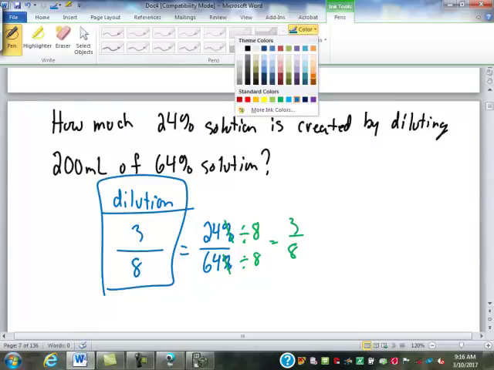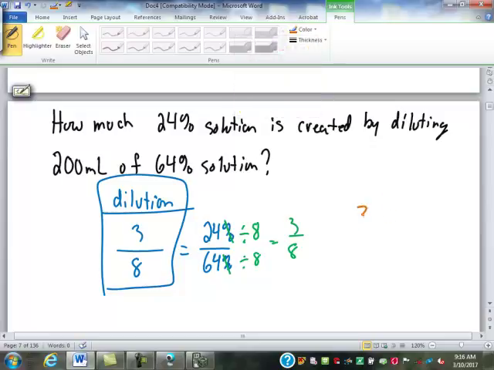Well, how does that help us? Well, remember that 3 was the parts or the amount of concentrate, and the 8 is going to be the total after the dilution, the total solution. So the 3 corresponds to the 200 milliliters.